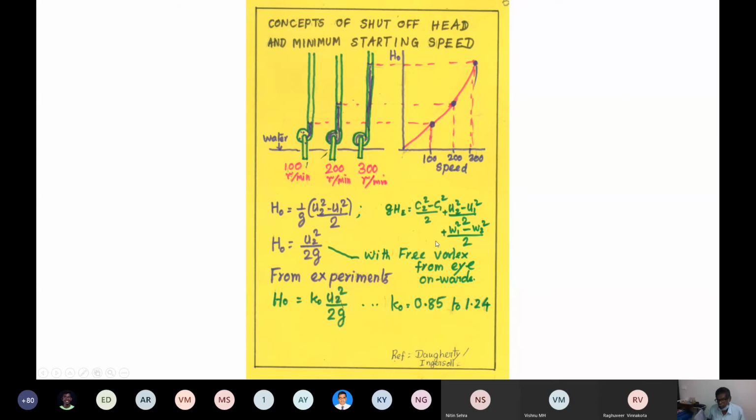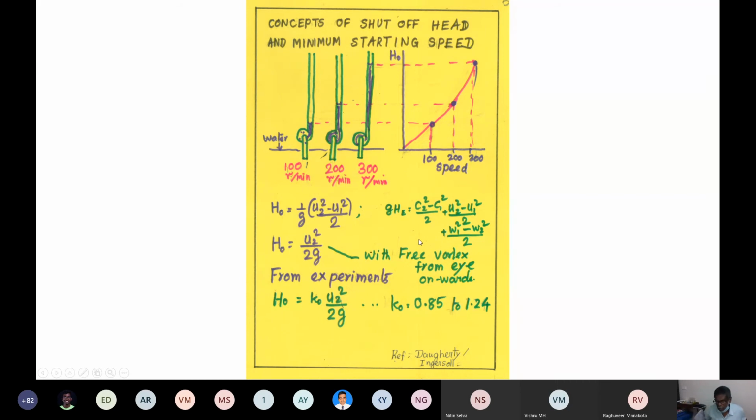So the vortex flow, the basic definition of vortex flow is any flow where there is a tangential component of velocity. Maybe you can just note that any vortex flow will have a tangential component of velocity.